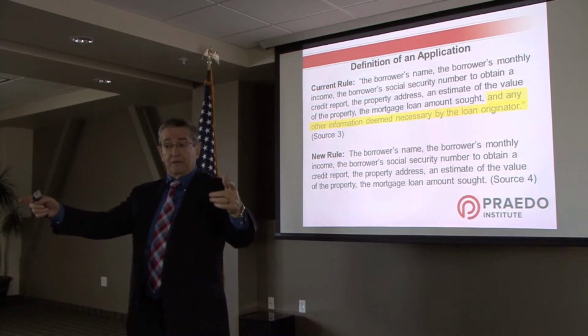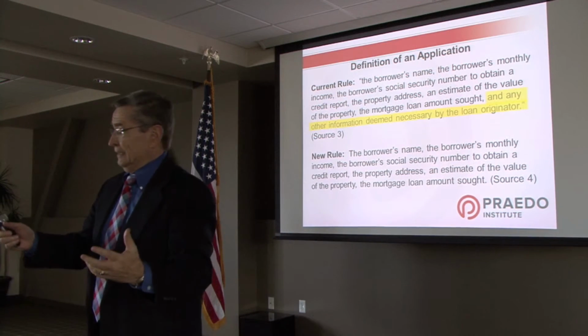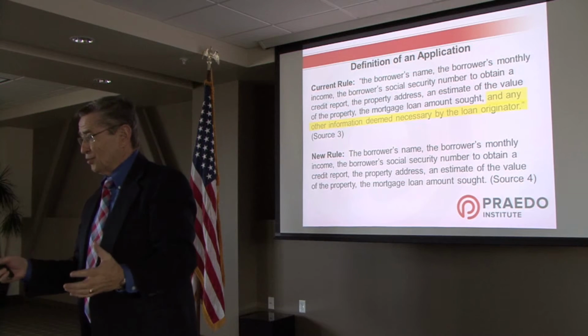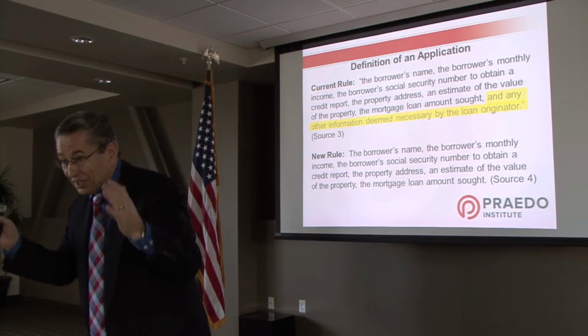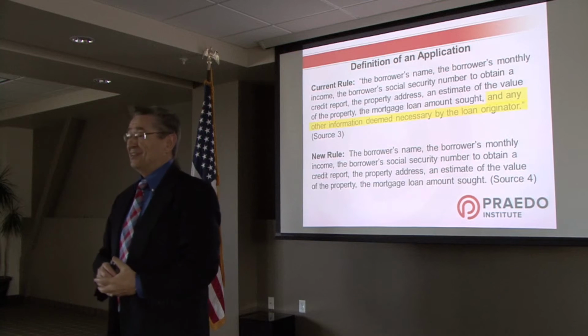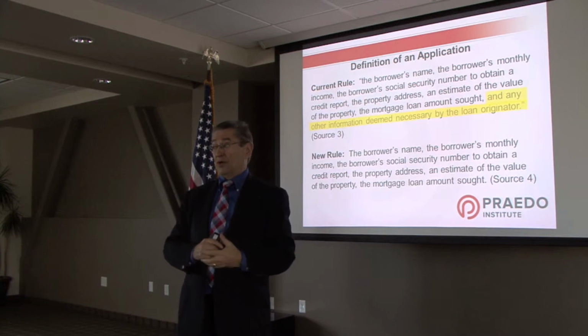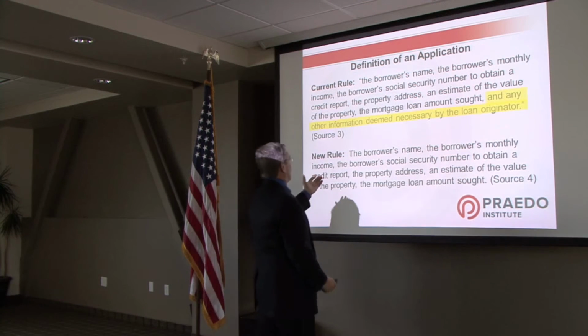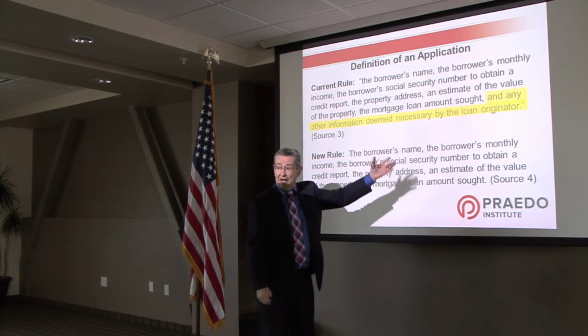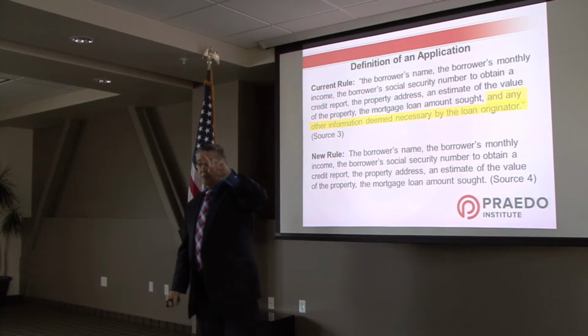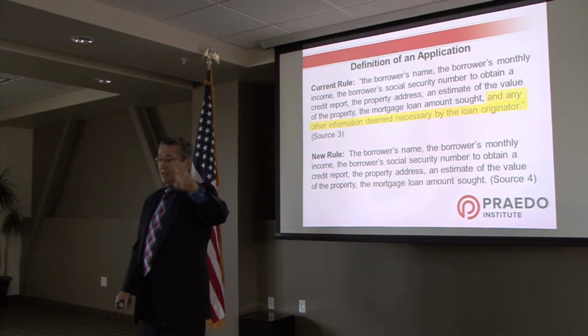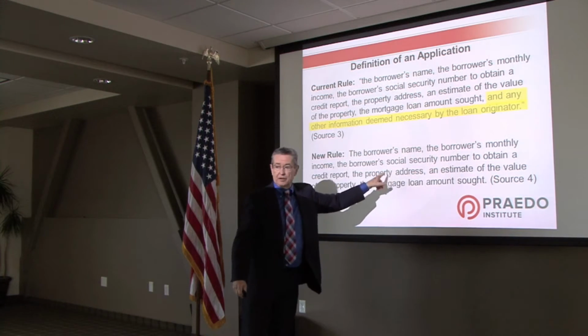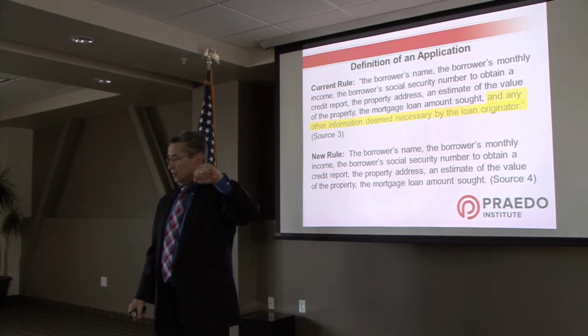So if you send somebody in for pre-qualification, and if I need to, I'll get on a soapbox and preach that you need to send all your people into pre-qualification interviews, and you'll see it's going to be more critical now. Once they go through the pre-qualification, they basically have all this information with the exception of one part. That one part is right here, the property address.